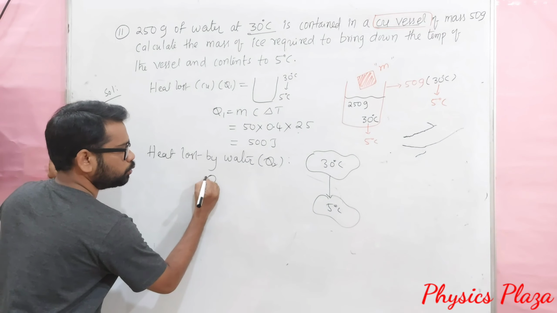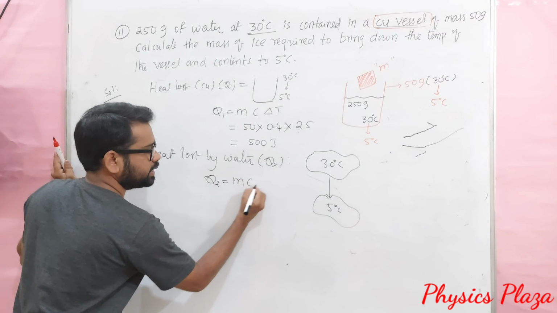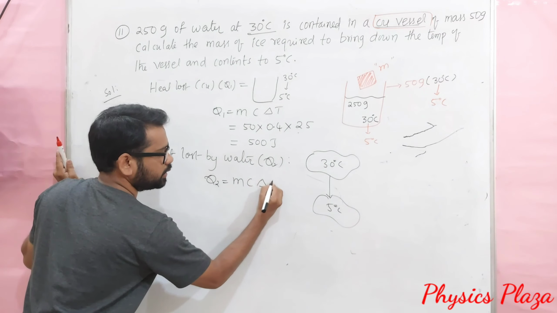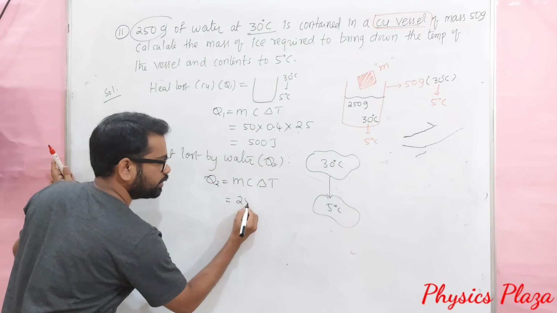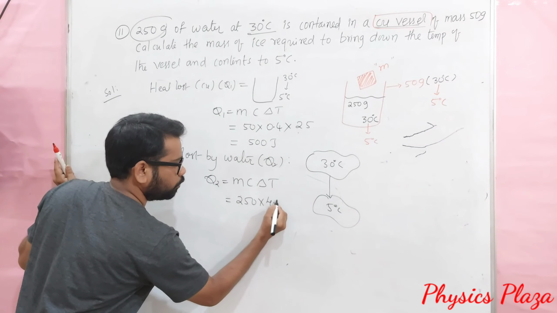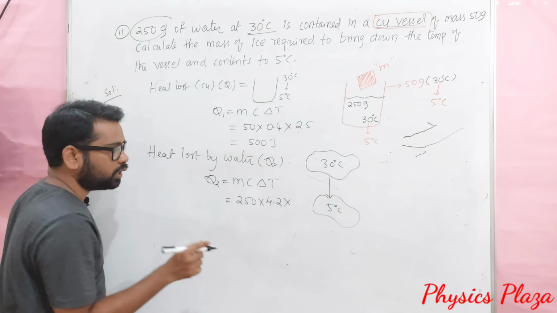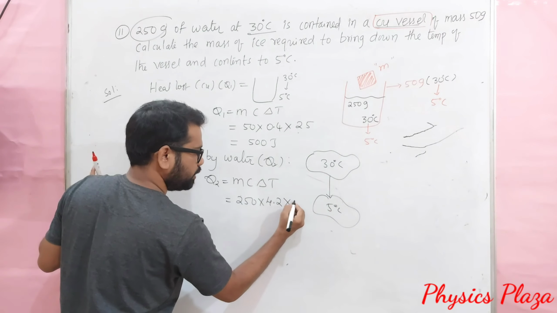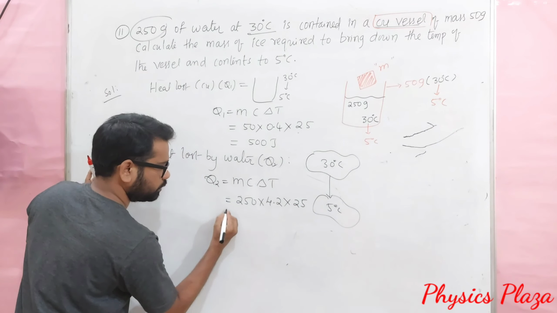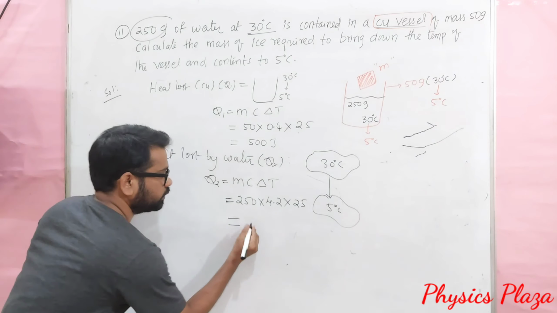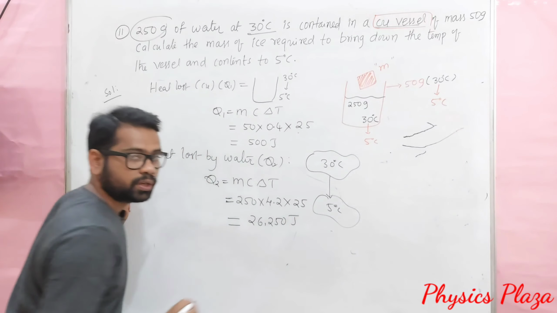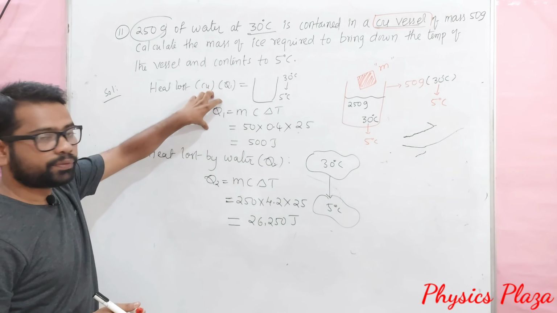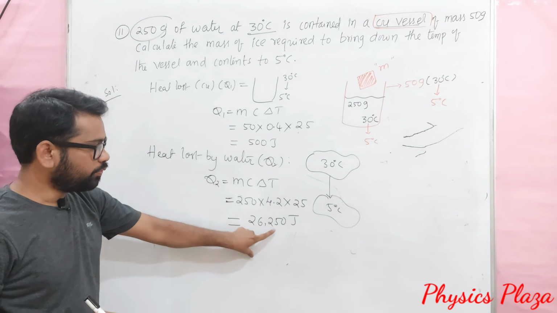That is Q2 is equal to mc delta T. Sorry, 250 grams is the mass of the water, into 4.2, the specific heat capacity of water, and change in temperature 30 minus 5, which is 25 only. So we get 26,250 joule. So 500 joule is the heat loss by the copper vessel, and 26,250 is the heat loss by the water.